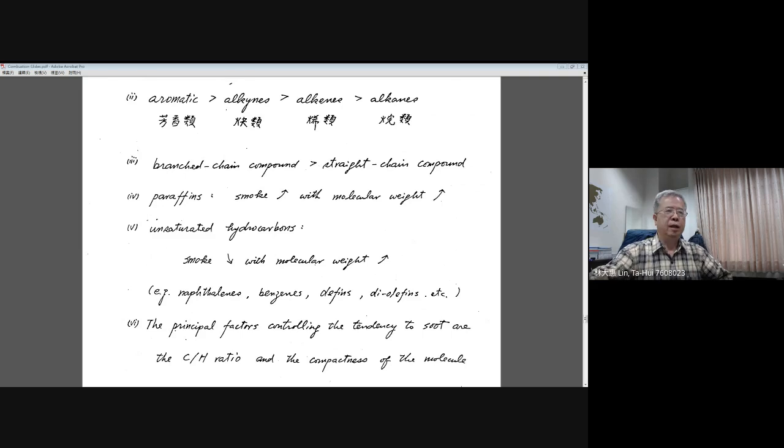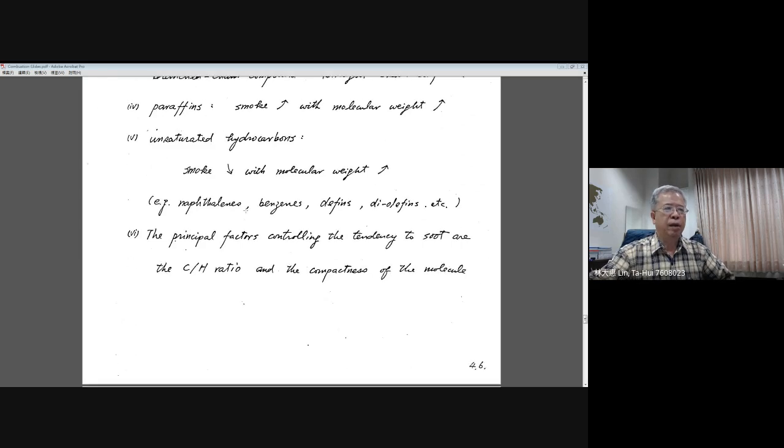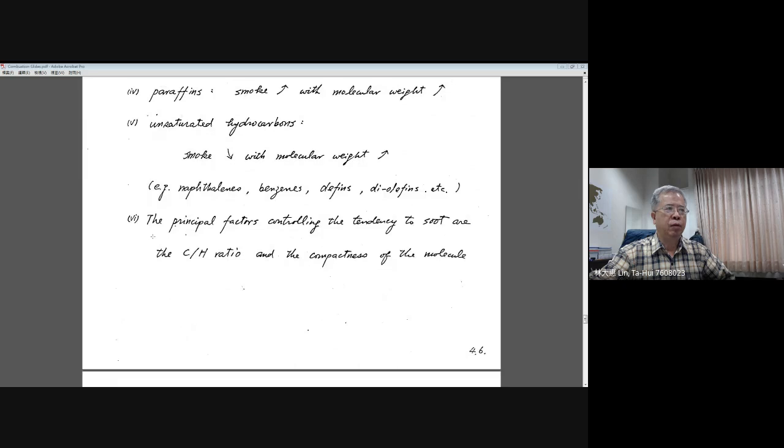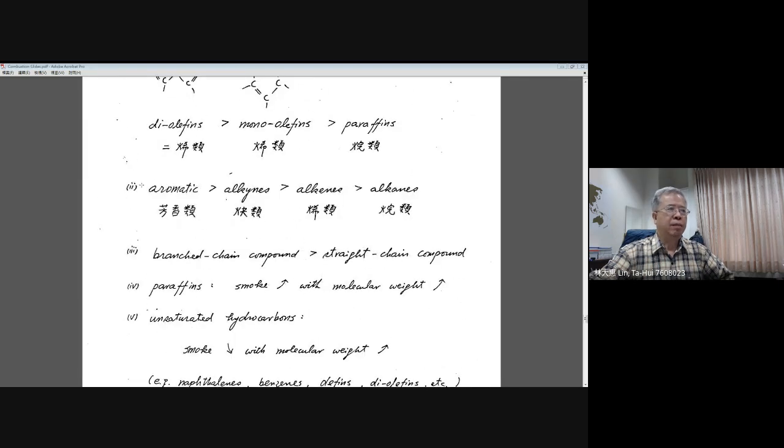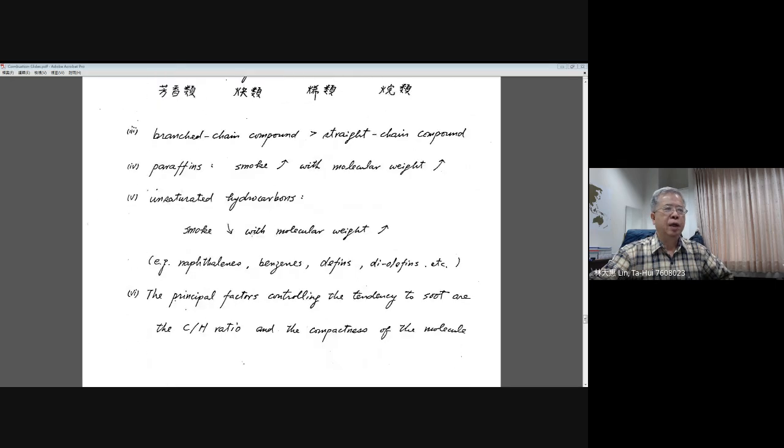Therefore, from those kinds of observations, you can have a very important conclusion shown by the sixth comment here. The principal factors controlling the tendency to soot are the CH ratio and the compactness of the molecule. The CH ratio, as I mentioned, for different cases, for example for the second comment, is basically controlled by the so-called CH ratio.